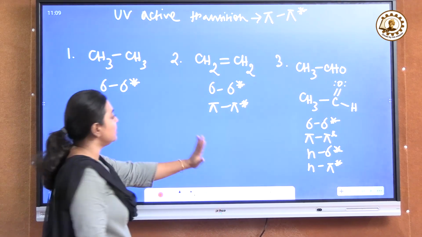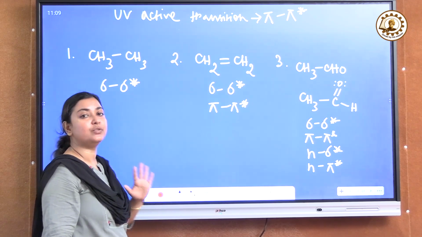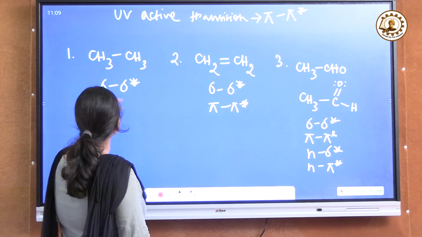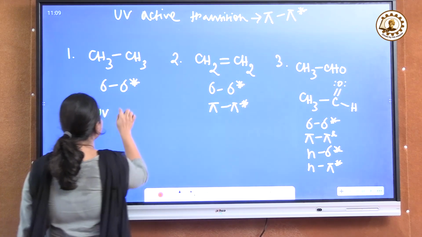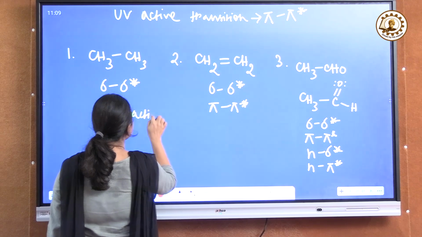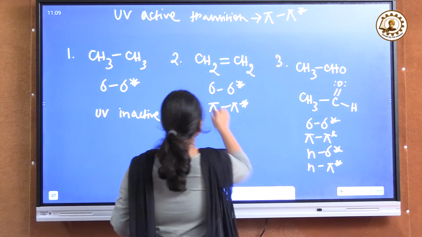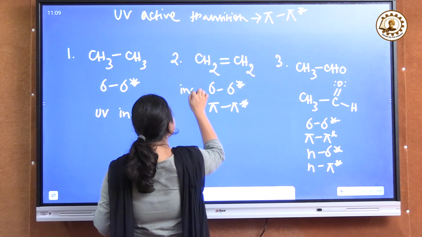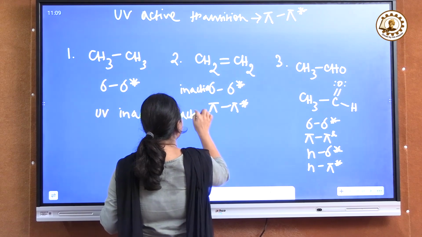Now, among all the transitions, you have to say which one is UV active and which one is UV inactive. In case of ethane, only sigma sigma star is present, so it will be a UV inactive transition. In case of ethylene, sigma sigma star is UV inactive, while pi pi star is UV active.